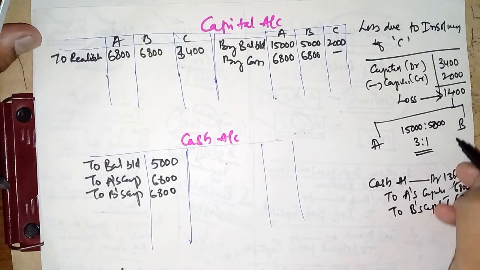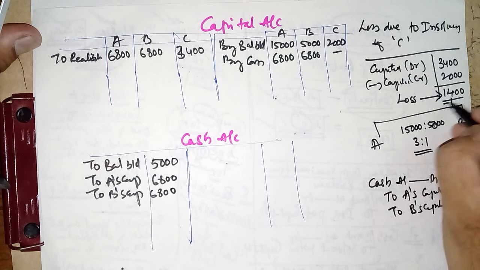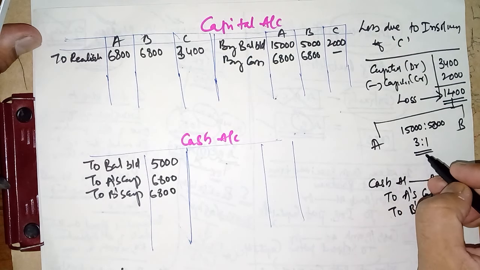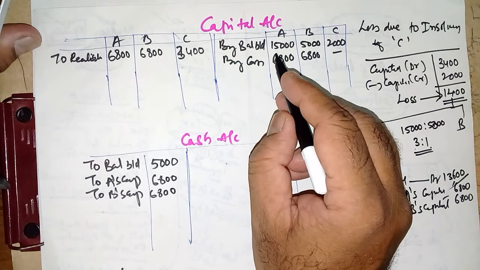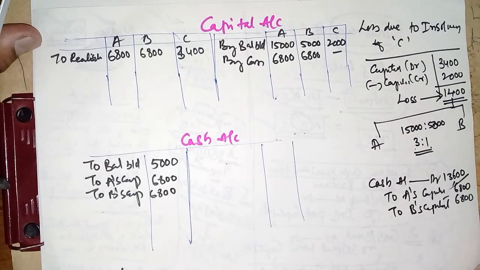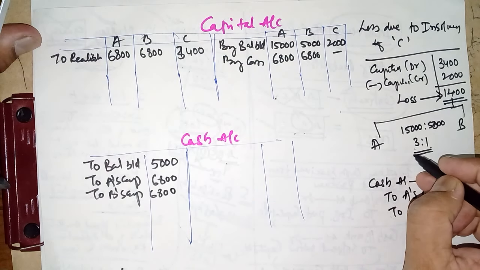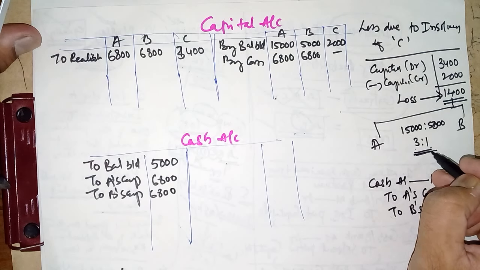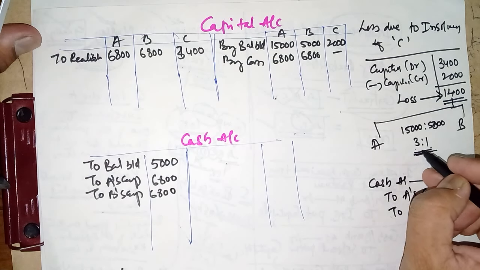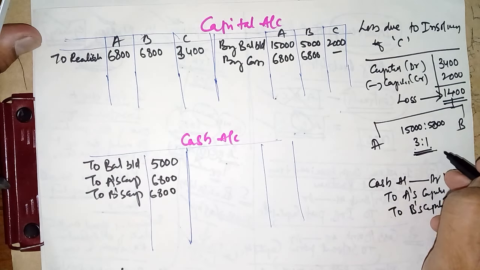The loss which we have already calculated, 1,400, has to be borne in this ratio. When you divide 1,400 in the new ratio, though their profit sharing ratio is different, 2:1, we are not considering that; we are considering the capital ratio. Why? It is provided in the court verdict that the insolvency loss should be borne by the solvent partners in the capital ratio.